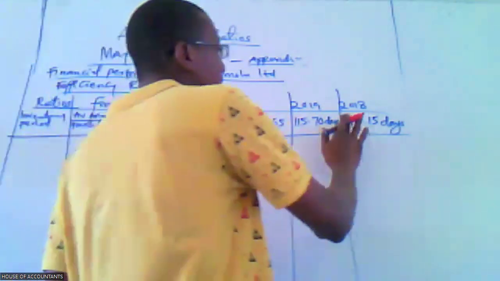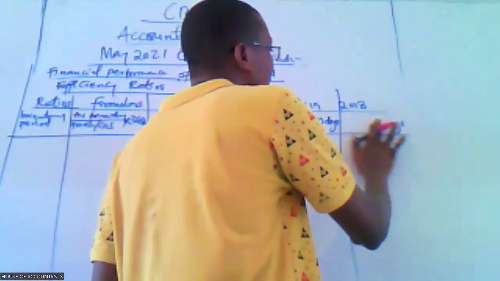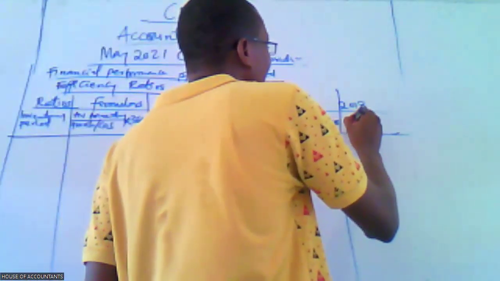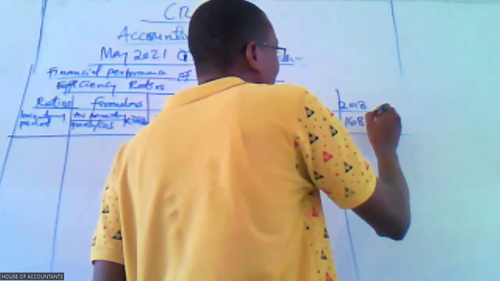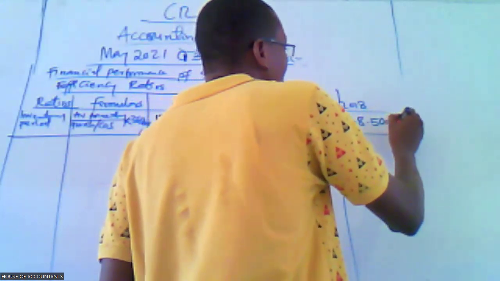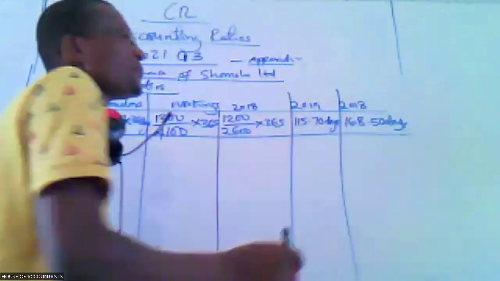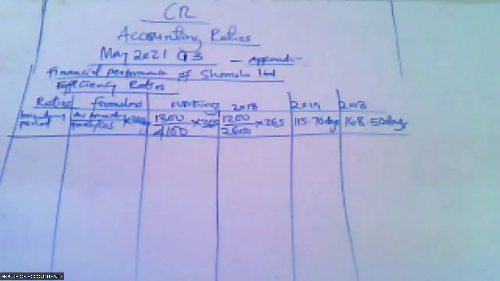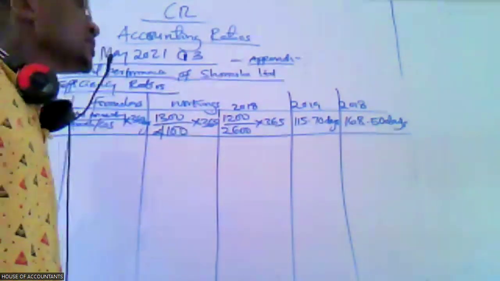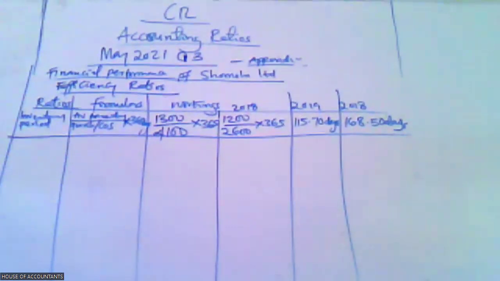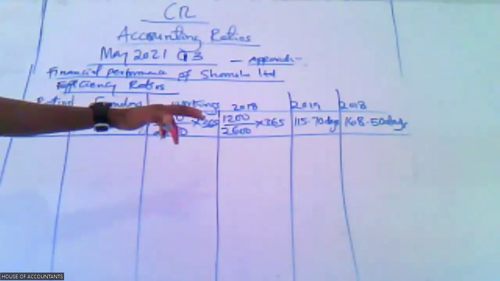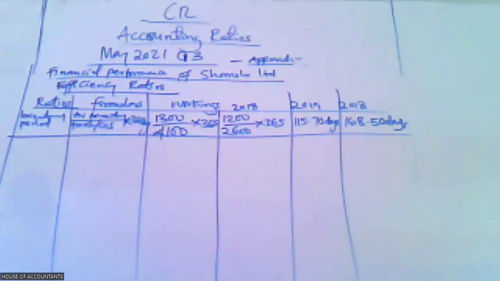It was 168.50. Do you know why I'm putting 0.50? Because we have been using 2 decimal places. So if you now start using 1 decimal place, you are not consistent. People of God, what year are they doing better?